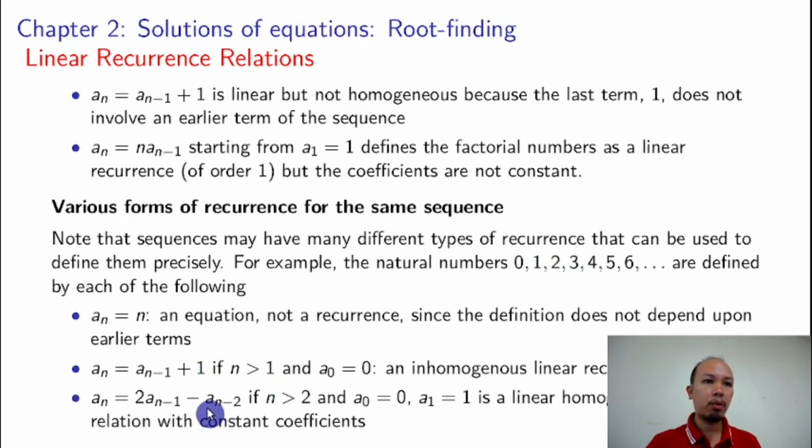And this formula is also linear of order 2, but the images are the same as the previous two. So it may be that the formulas are different, but the outputs are the same. So this is what we mean by various forms of recurrence for the same sequence.